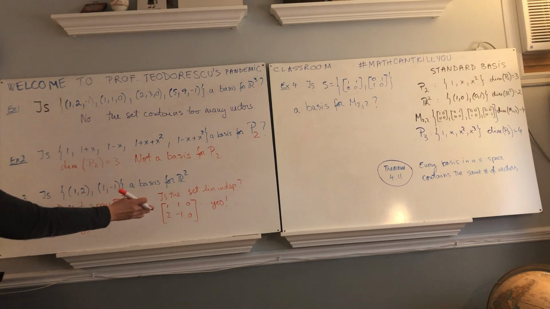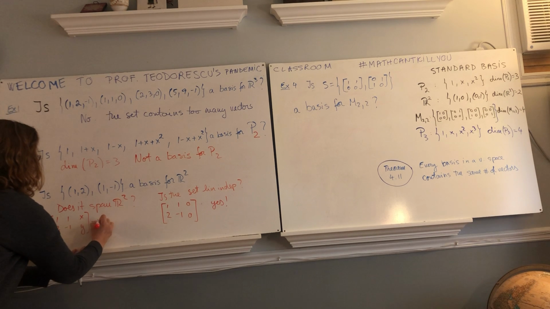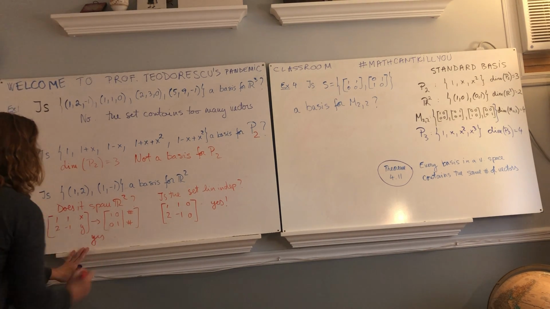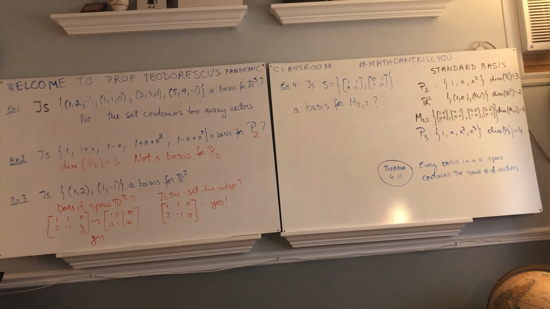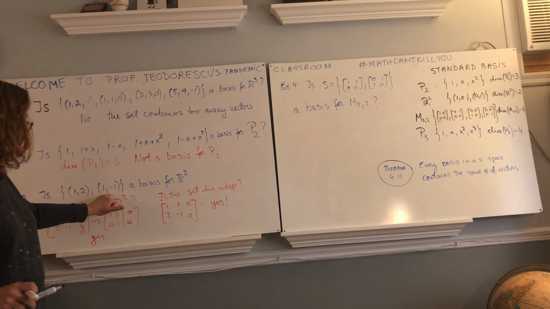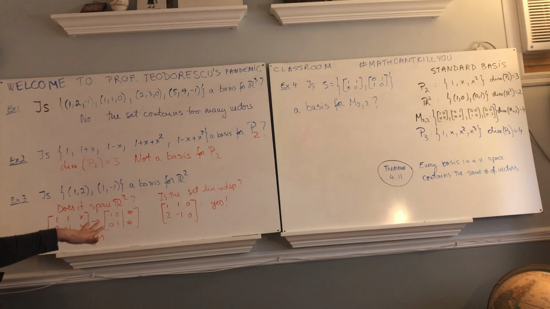Because they're linearly independent, this row reduces to something like this. So the answer is yes, it spans. Technically, and we're going to see a theorem soon about this, if the 2 are linearly independent and the number of elements in the set equals the dimension, then you can say they form a basis. So the answer is yes.